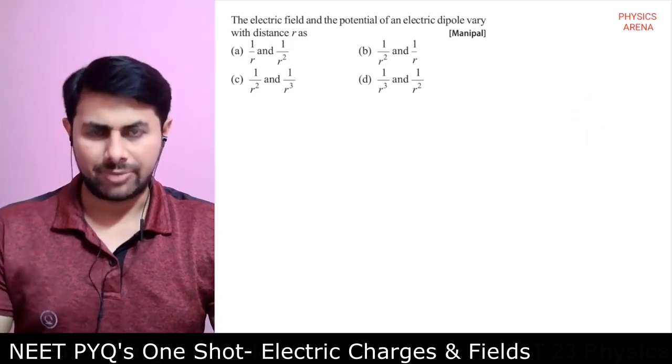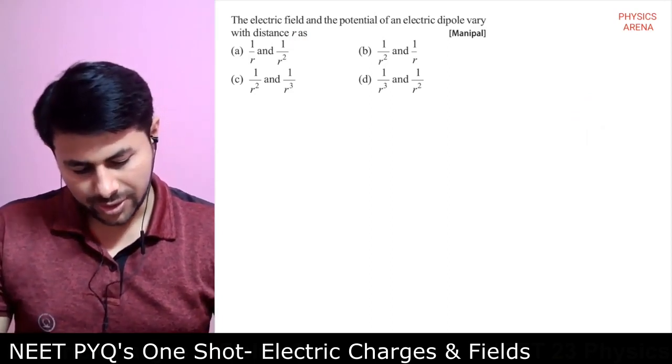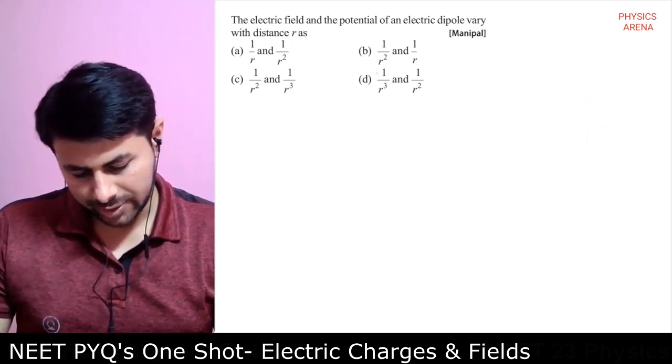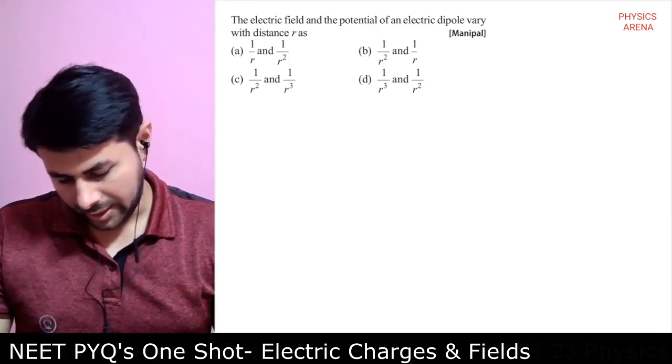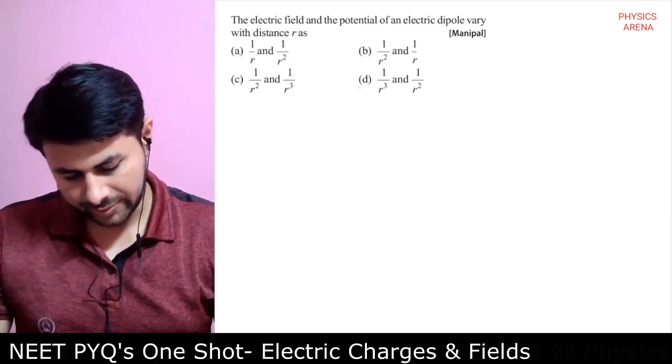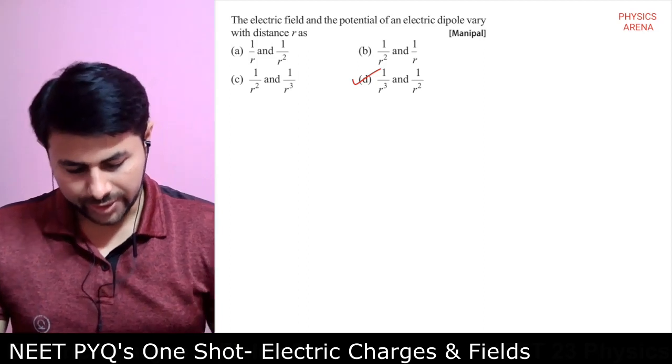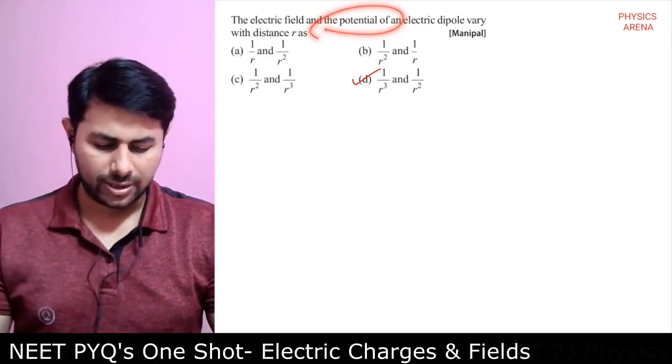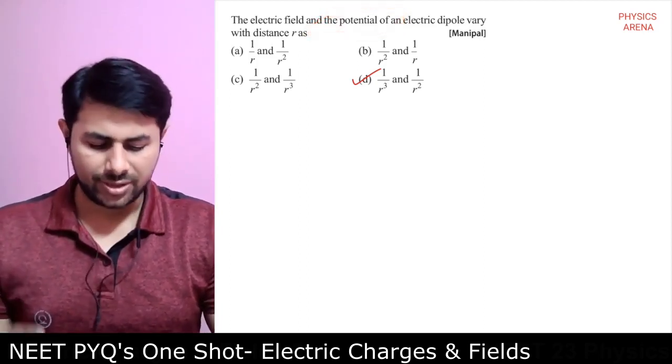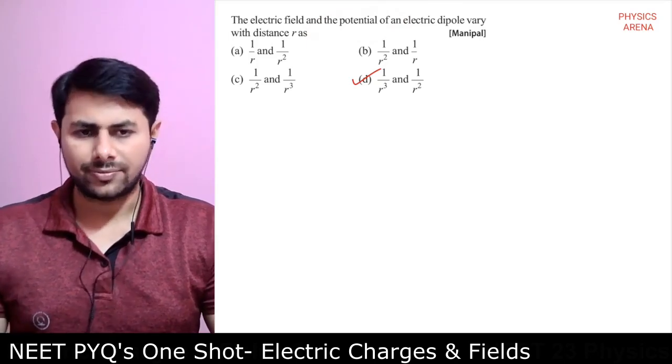We'll learn it in the next chapter. So the answer of this question is 1 upon r cube and 1 upon r square. It's option D. We learned this, that the potential of an electric dipole is inversely proportional to r square.